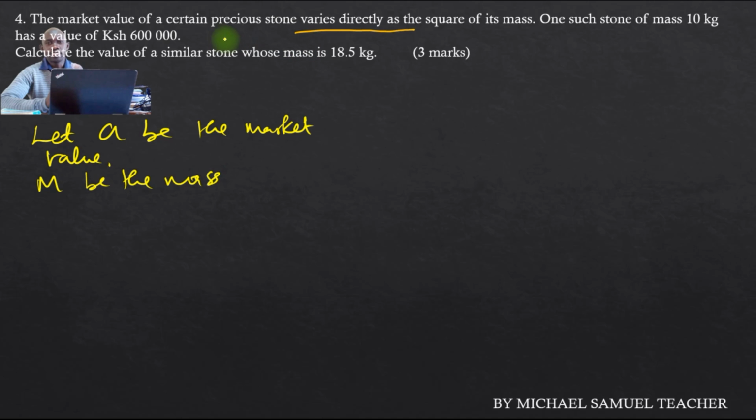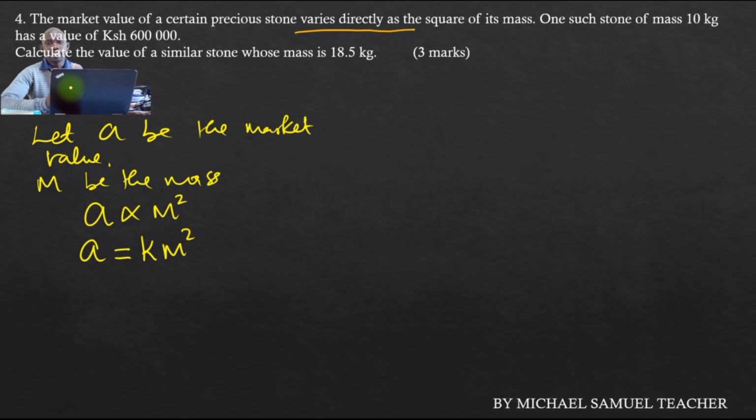The market value of that stone varies directly as the square of the mass, so A is directly proportional to M squared. If we introduce a constant and an equal sign, then we shall have A equals a constant value K, M squared.